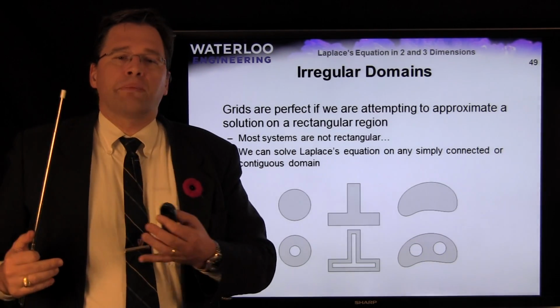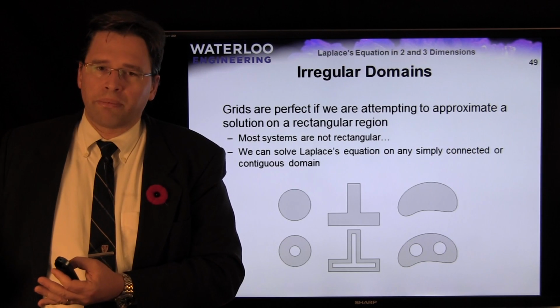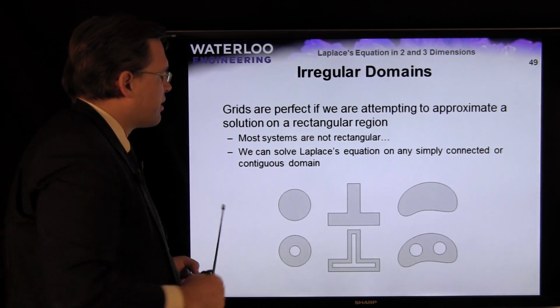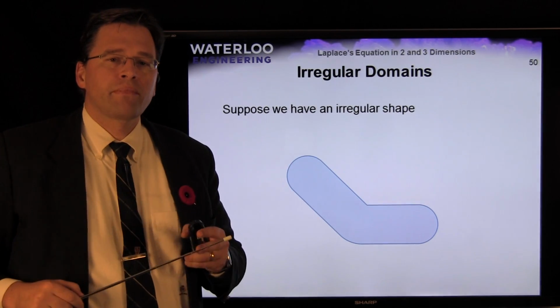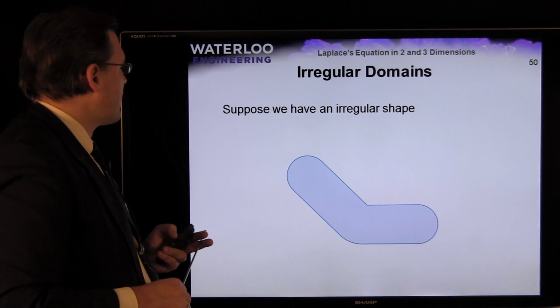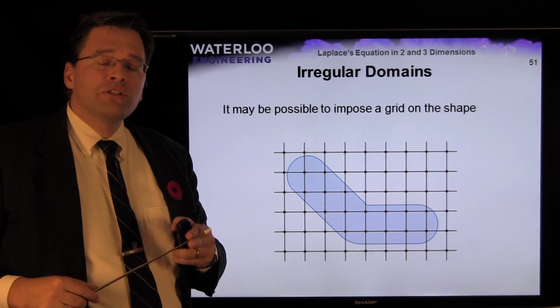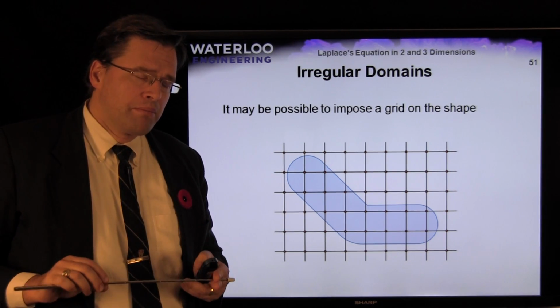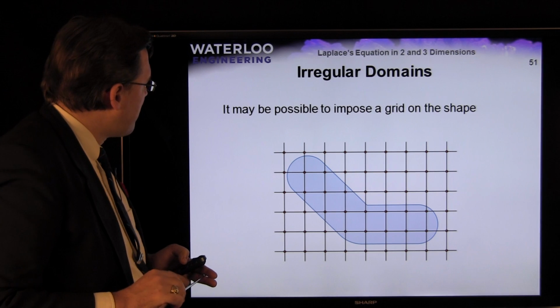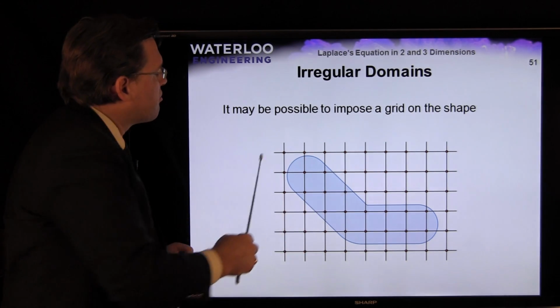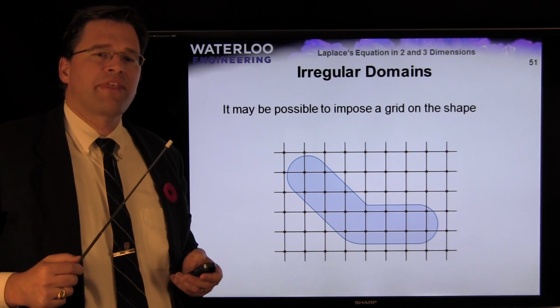How are we going to approximate a solution to Laplace's equation on something other than a nice rectangular boundary? Like, for example, you might have this shape appearing. Well, we could try to impose a grid over it, and then we'll notice that some of the points fall on the interior, other points fall outside of that domain.